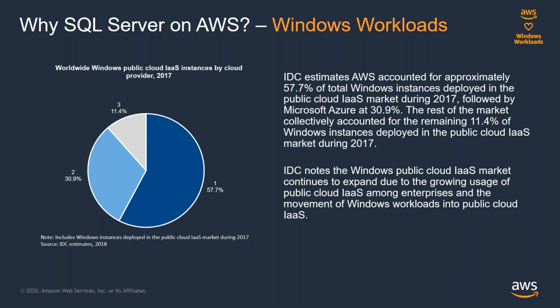Second, customers need high availability for mission-critical applications written using SQL Server. We have the best global infrastructure for running workloads that require high availability. As part of the AWS global infrastructure, we span 77 availability zones within 24 geographic regions around the world.